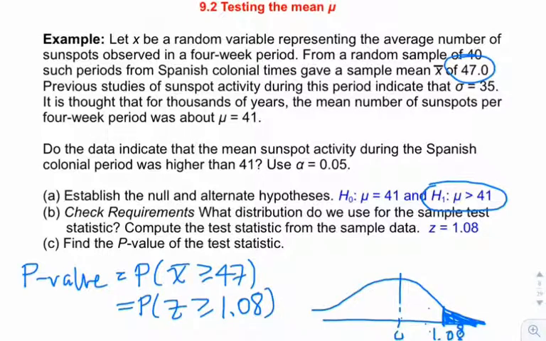To find this value, we need to use our z-table, and you have two options, of course. You can do 1 minus the value you see on your table, because of course we're looking for to the right of or greater than a value, and our table tells us left. Or you could look up the opposite. You can look up the negative. Z is less than or equal to negative 1.08. So you can do either way.